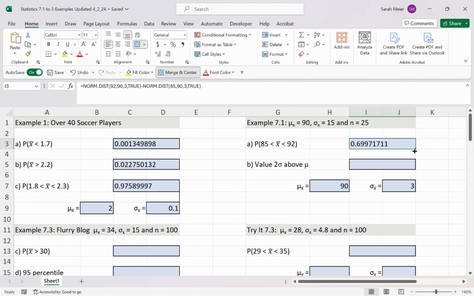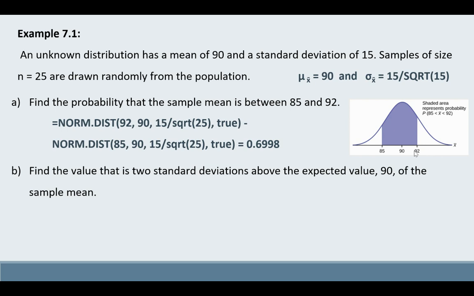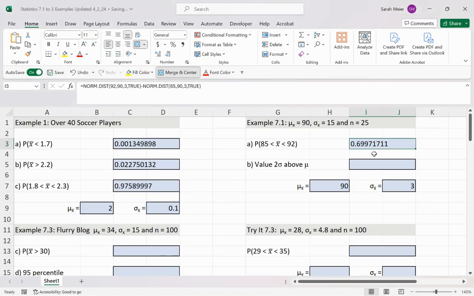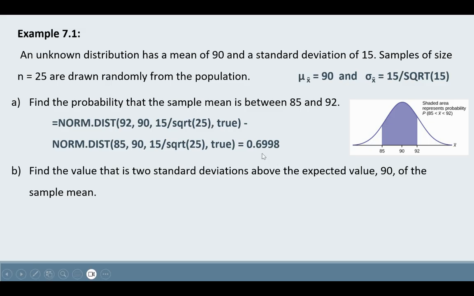So 0.6997, or I rounded also incorrectly here on the slide, I apologize, but just under 70% chance that the sample mean will be between 85 and 92.